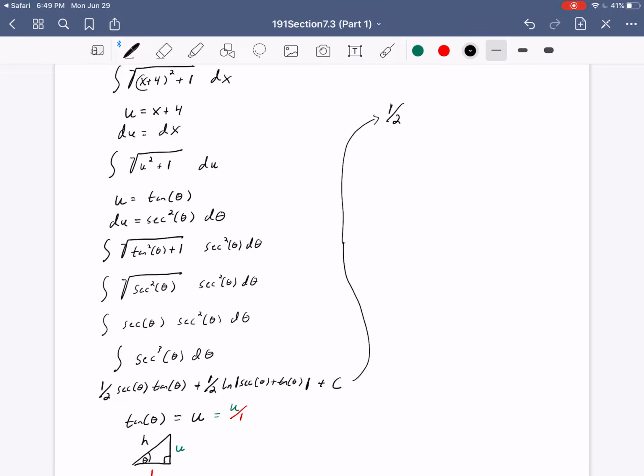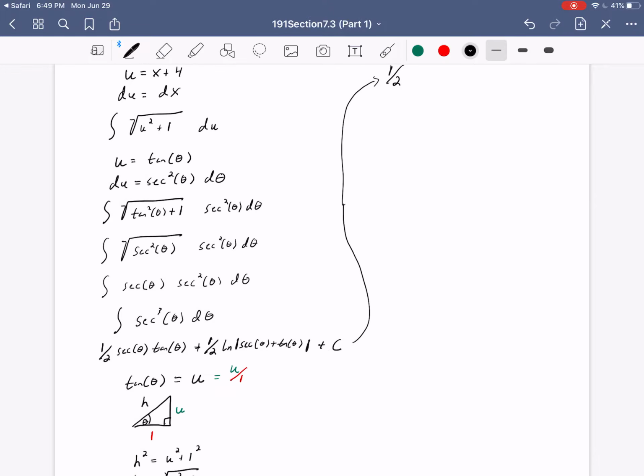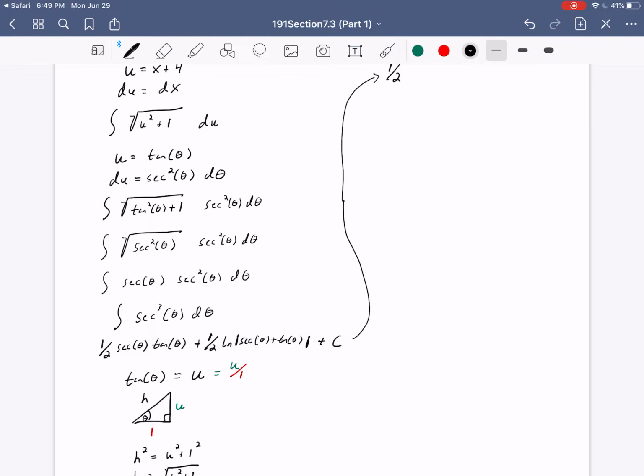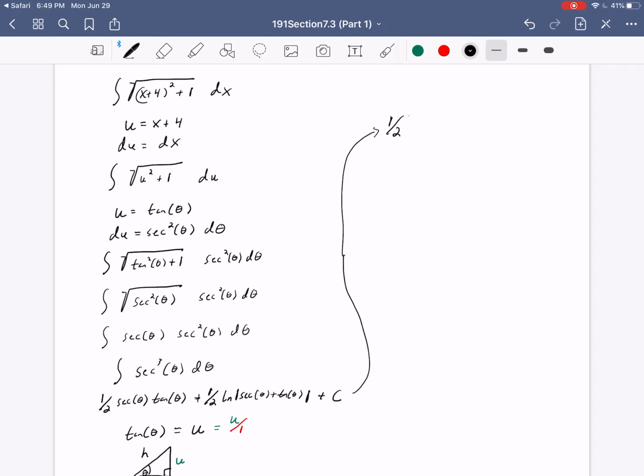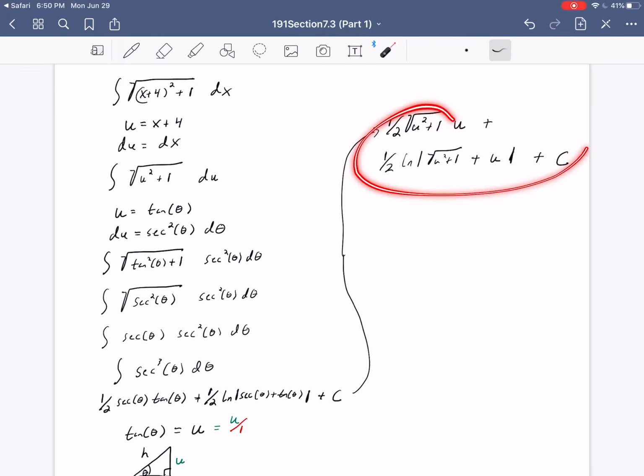We can have 1/2, that's secant, like we said, the hypotenuse over the adjacent, so it's that square root of u squared plus 1. The tangent is just u. Plus, I'll have to write this on the next line, 1/2 ln. The secant, we said, is the square root of u squared plus 1, plus the tangent, which is u, and then plus c.